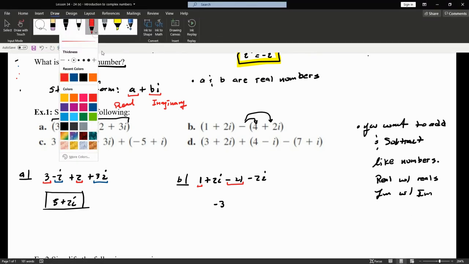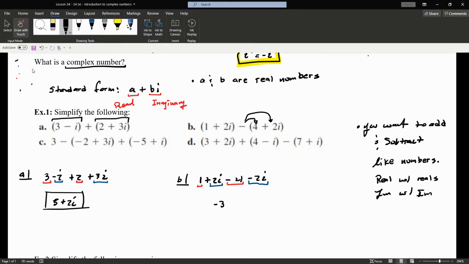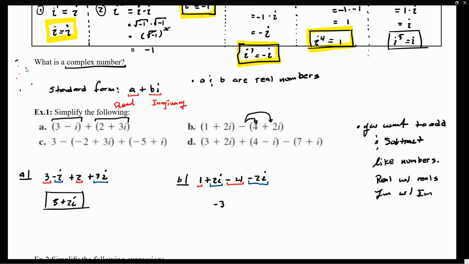Now, what about the imaginaries? Well, I have 2i and negative 2i. If I have 2i and I take away 2i, I have 0 of them, or in other words, 0i. So this is my result, or we can just rewrite this as just negative 3.